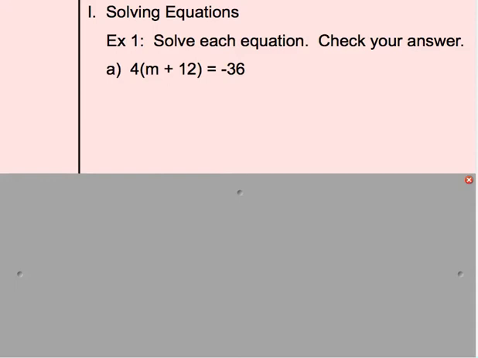So we can divide both sides by 4, and I do not show my steps, I show the result of my steps. The result of dividing the left-hand side by 4 leaves me with m plus 12, and the result of dividing negative 36 by 4 is negative 9. And then I only have one step left to finish solving. Subtract 12 from both sides, and the result of subtracting 12 is negative 21.